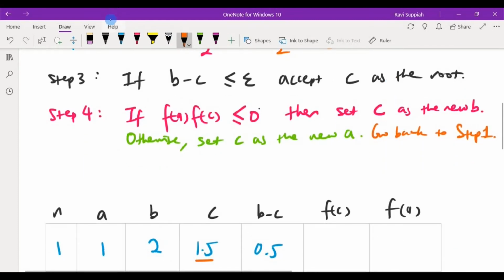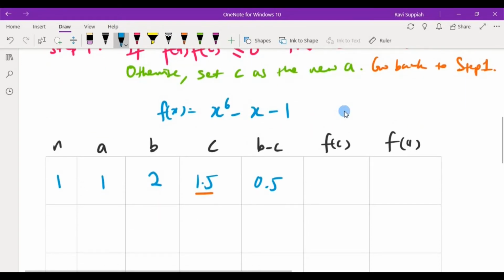Maybe I'll write it over here: f of x in this case is x to the power of 6 minus x minus 1. So I take the value of c, which is 1.5, and put it inside. I'm just going to show you one example here: 1.5 to the power of 6 minus 1.5 minus 1.